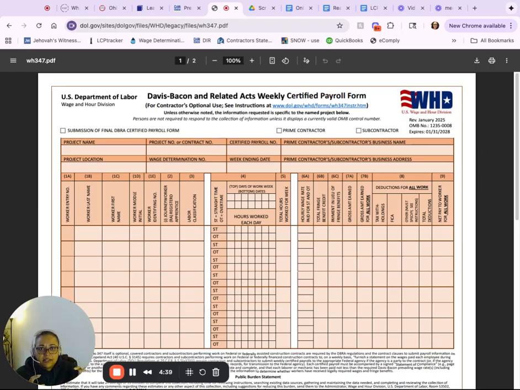How do I divide this paycheck out to reflect that? No, you're just going to write down how many hours they worked here, what their hourly rate was when they're on this job as a prevailing wage worker, what they got paid on their paycheck, how that got allocated by taxes, and what their final check amount was. And that's pretty much it.